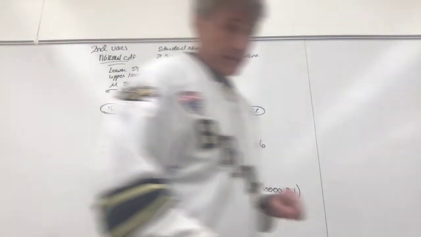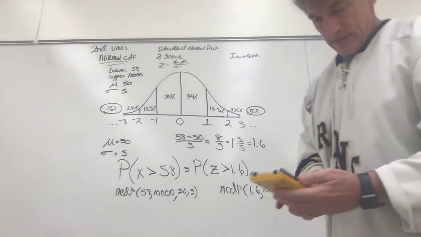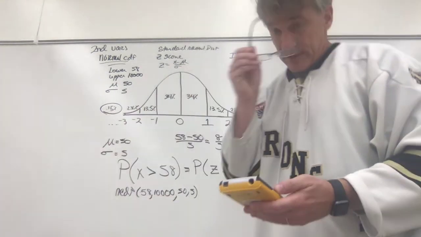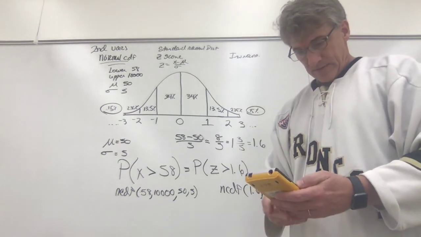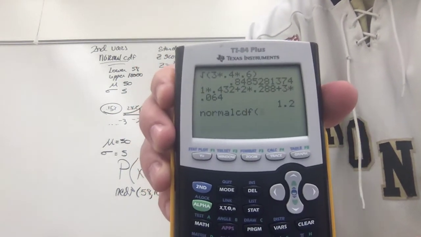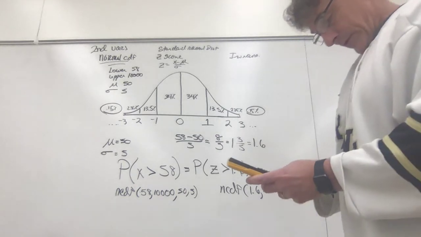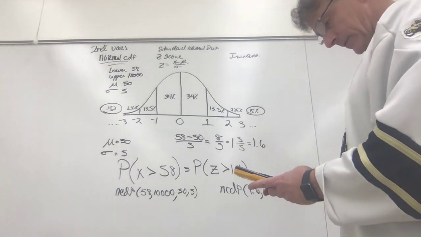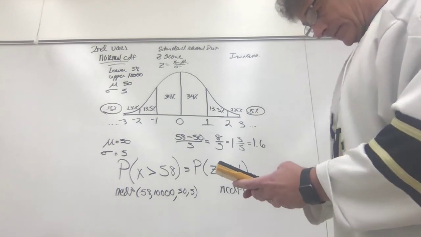Now let me punch that onto my calculator quick. So second vars, normal CDF. Now you'll see mine, it just has the normal CDF. It doesn't have the lower, the upper, and so forth. So 1.6, 10,000, 0, and then 1.